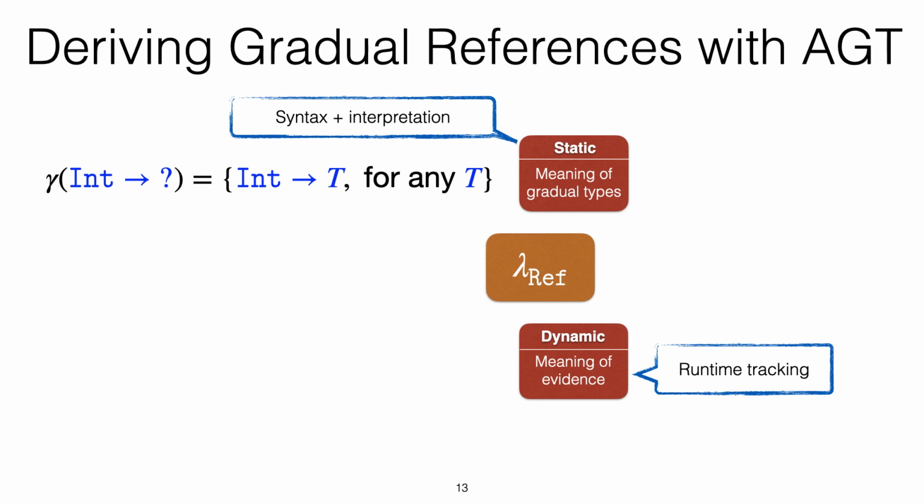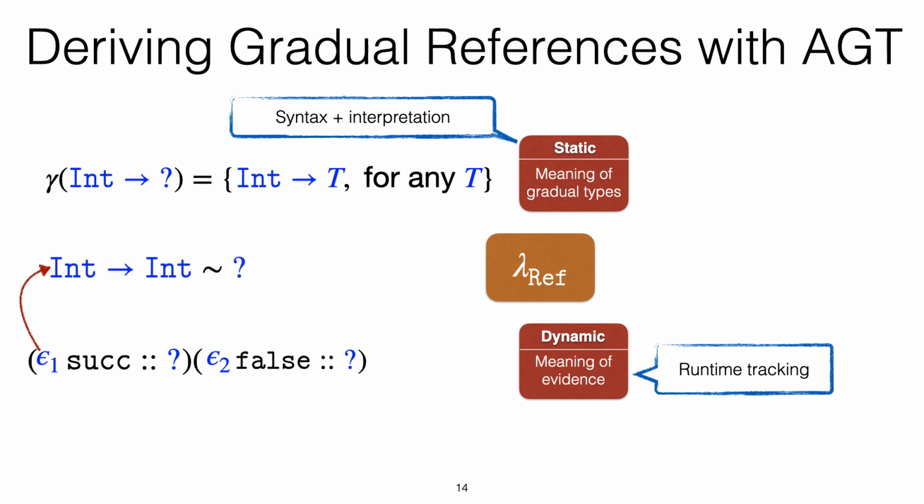So to explain this, consider this program where we have the successor function applied to false. This program type checks as both subterms are ascribed to unknown. To detect type inconsistencies at runtime, the program is augmented with two evidences to justify why consistent judgments hold in its type derivation.